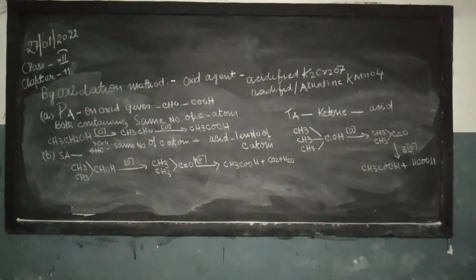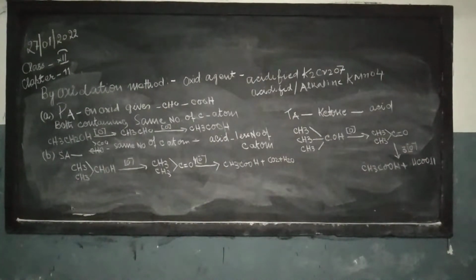The equation is CH3CHOHCH3, oxidation [O], giving acetone, which on further oxidation, here we are using 4[O], gives acetic acid, carbon dioxide and water.